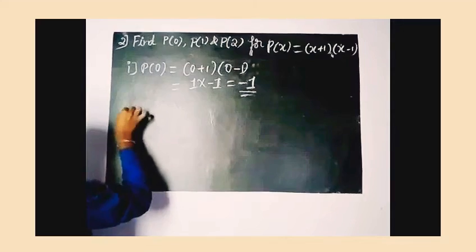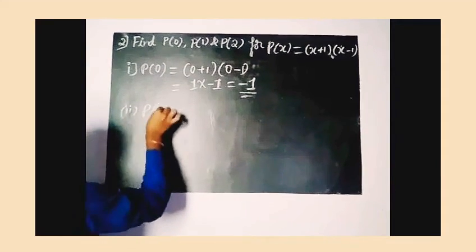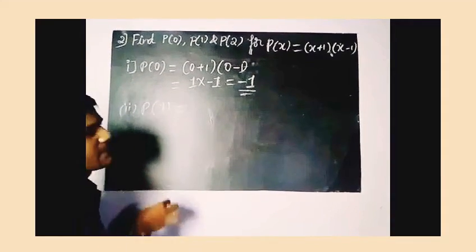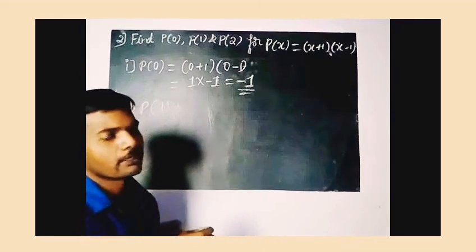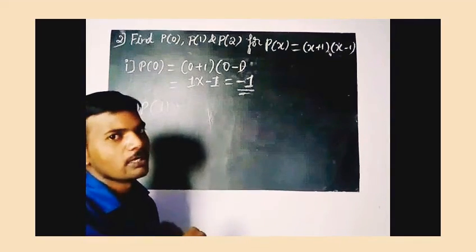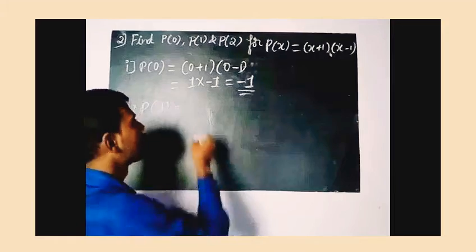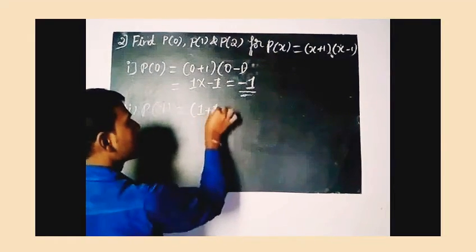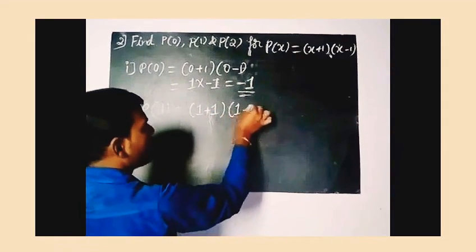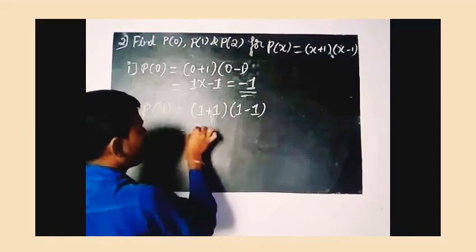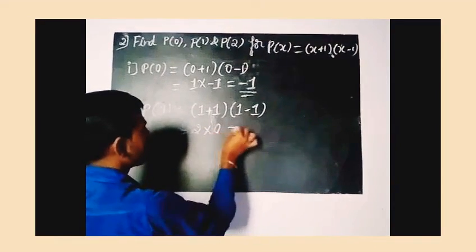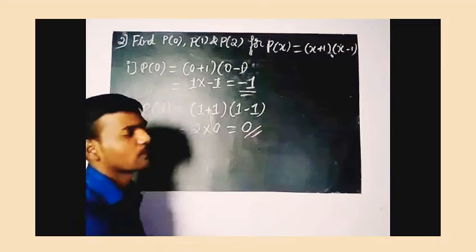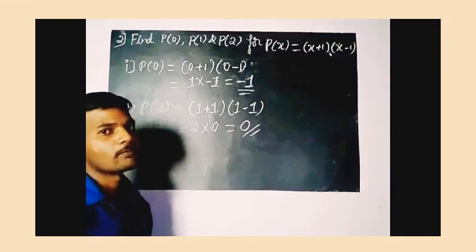And next, p of 1. P of 1 is equal to, put the x value as 1 in the polynomial. 1 plus 1 into 1 minus 1 is 0. That means it becomes 0. Okay, when x is equal to 1, the polynomial becomes 0.